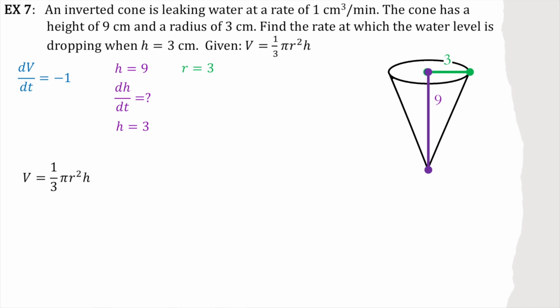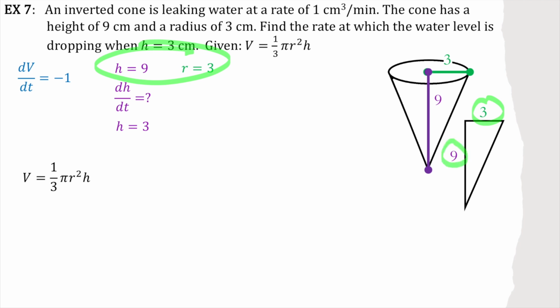We're going to go back to, and you can start taking notes again now, our similar triangles. This is when h equals 9 and r equals 3 comes in handy. So 3 and 9. Now, as the height shrinks, so does the radius. As h is decreasing, so is r.